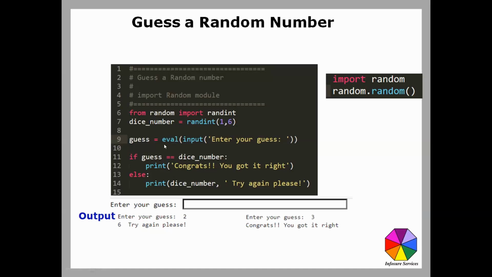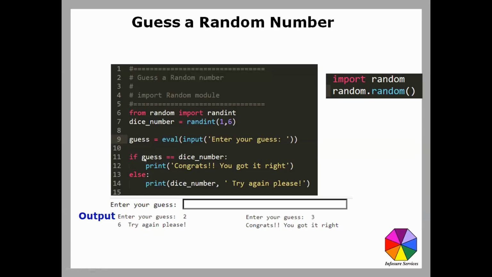Eval is short for evaluate. It converts a string, which is a number, into an integer. Eval is much like int, typecasting into int, but more often in calculation you'll see this eval. So the user enters, let's say 5, and it stores guess as 5.